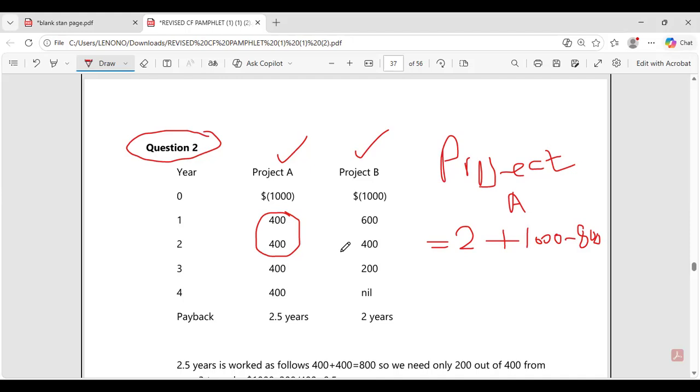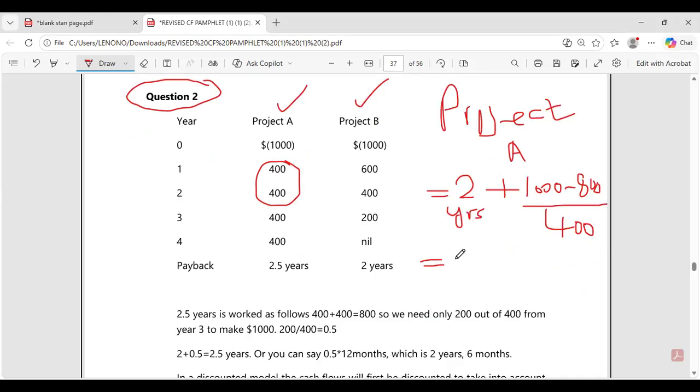So how long will that take? So far we have recovered the 800. So the remainder is 200, which you can recover from the 400. So you see my fraction here. So we have said 2 years for now. So it will be 2 plus 200 divided by 400.